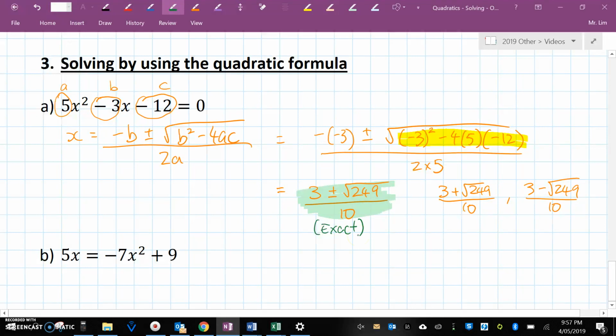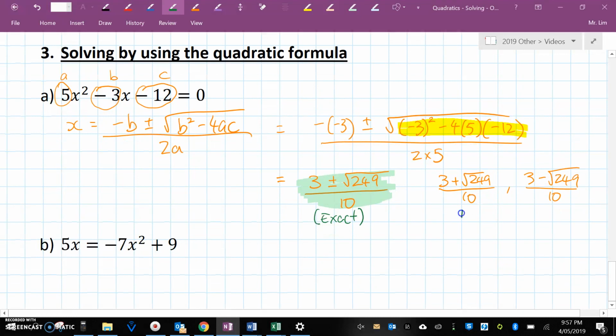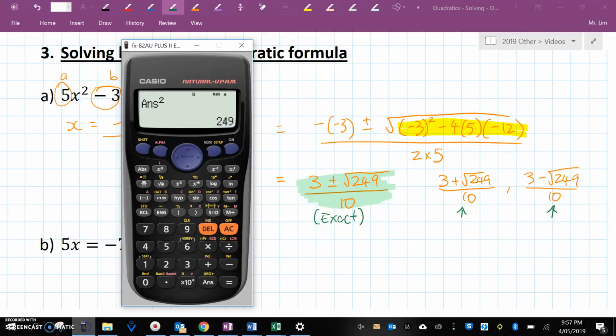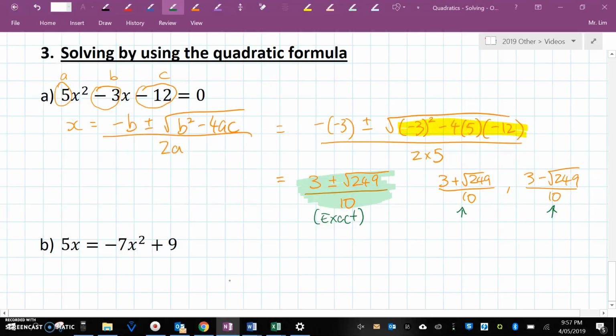If the question asks you to do it to 2 decimal places, for example, you need to type these two into the calculator to see what you get. So for example, the first one will be 3 plus root 249 over 10, which is 1.88.